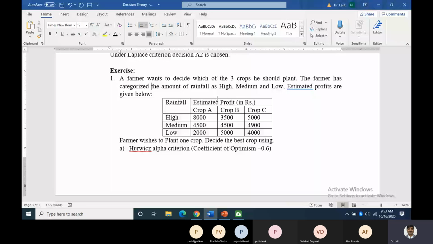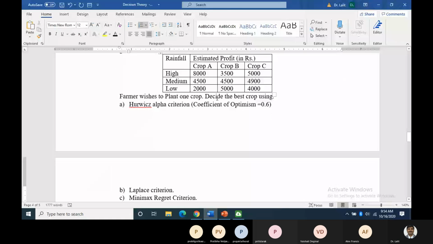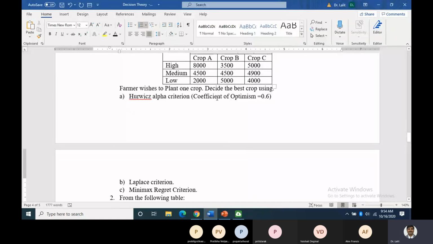The profits are 8,000, 3,500, etc. The farmer wishes to plant one crop. Decide the best crop using first the Hurwitz alpha criteria where the coefficient of optimism is 0.6. Then what happens with the Laplace criteria, and with the minimax security criteria?